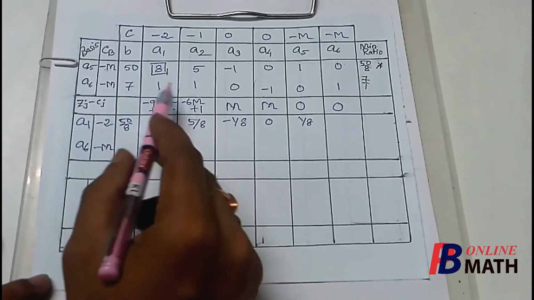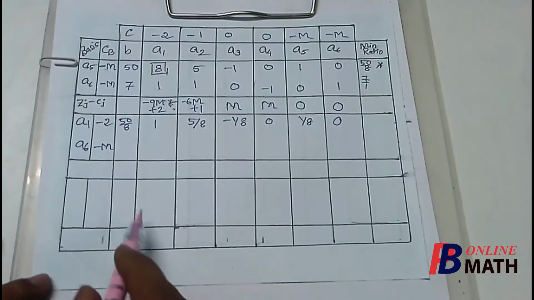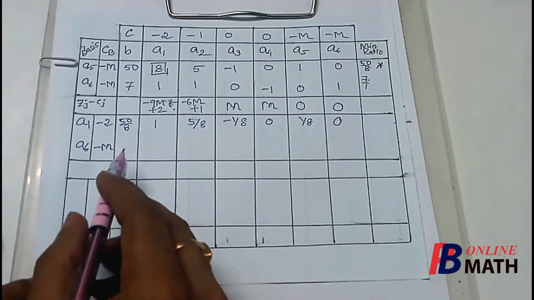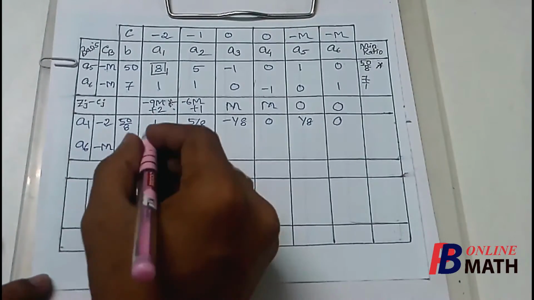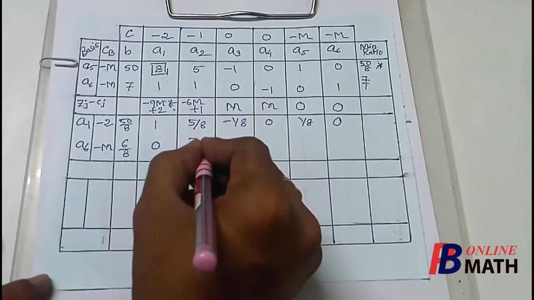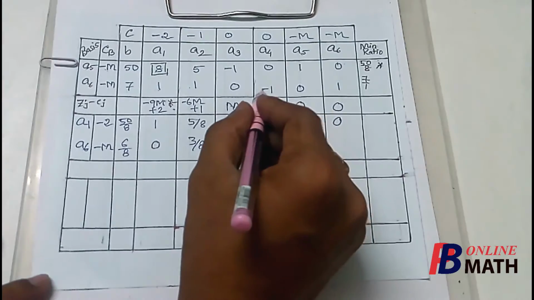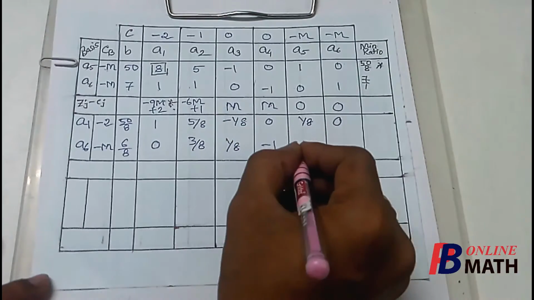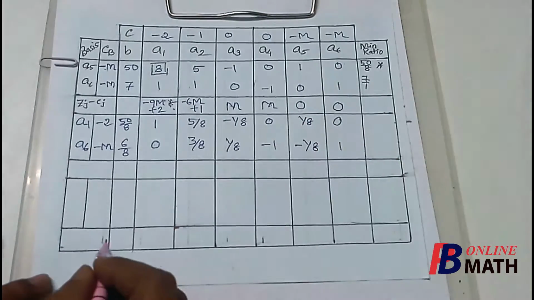So we apply this operation, this row minus this row. Then this element will be 7 minus 50 by 8, which is 6 by 8. This element will be 0. It will be 1 minus 5 by 8, so 3 by 8. This will be 0 minus this, so 1 by 8. It will be minus 1 minus 0, so minus 1. It will be 0 minus 1 by 8, so minus 1 by 8. And finally this one will be 1 minus 0, so 1.